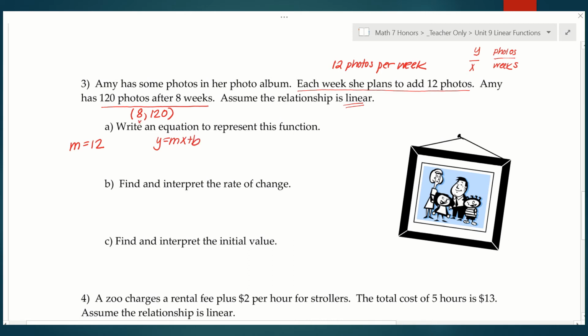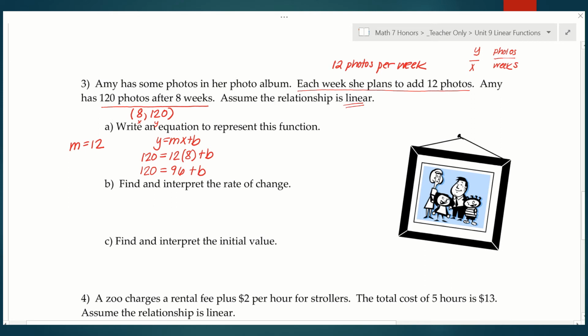From the point, I know that y is 120. I know that my slope is 12. I know that my x-coordinate from that point is 8. And the b, the y-intercept, is what I don't know. So I'm going to solve for b. 120 equals 12 times 8, which is 96, plus b.